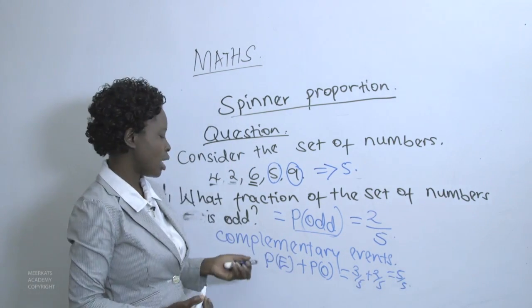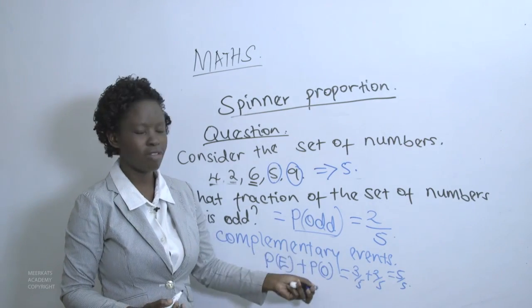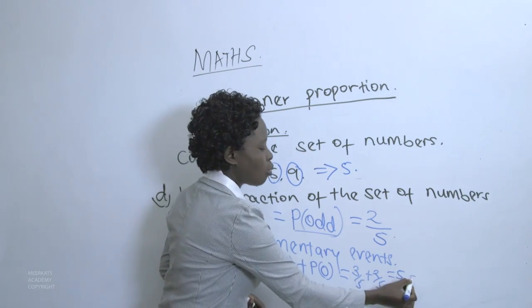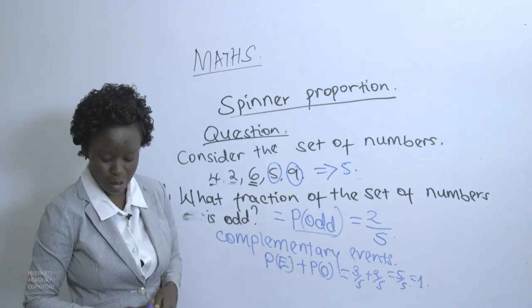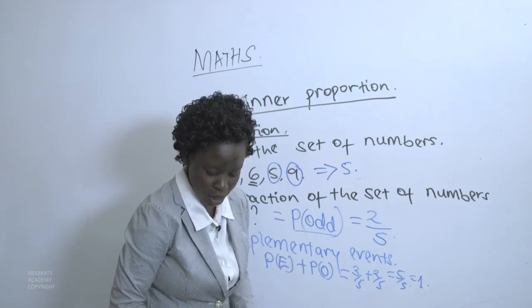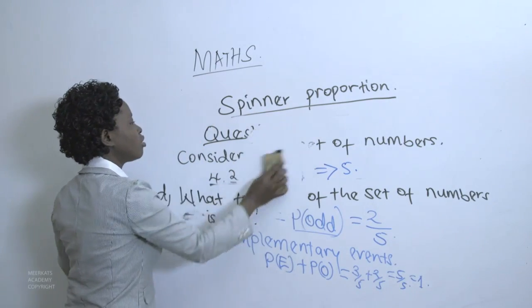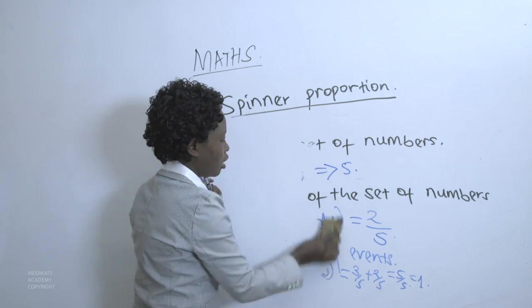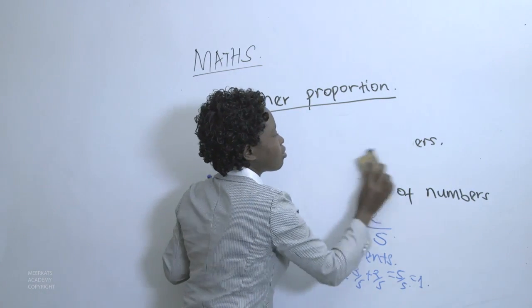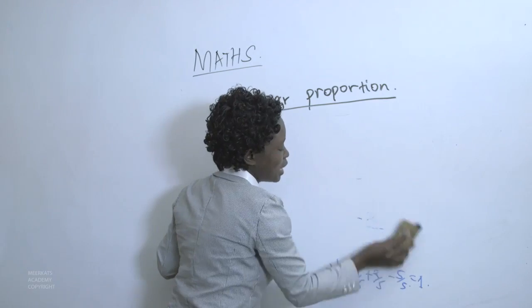So what does it mean? That when you add complementary events, your answer is 1. So it should add up to 1. So it simply brings us to the conclusion about the probability, the chances of a probability happening.